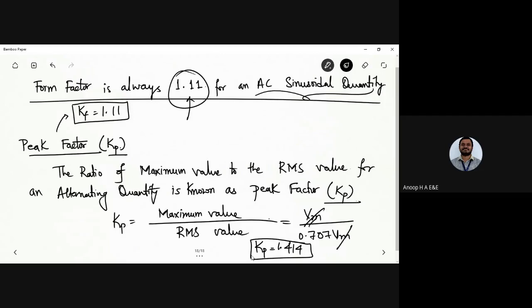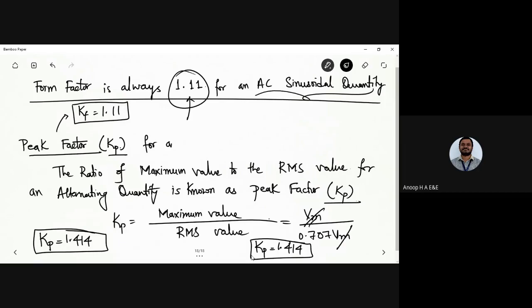This is how I can find the peak factor and the form factor; if given one, you can find the remaining parameter quite easily.